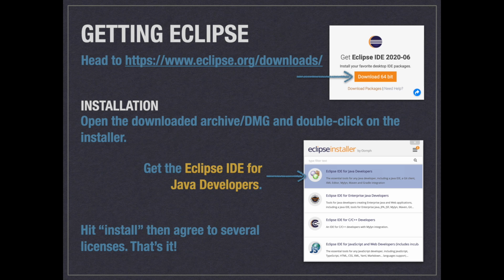It does not download the entirety of Eclipse when you say download 64-bit like that. It just downloads essentially an installer, which when you run it, will download and install all the Eclipse components. So it is not as fast as you might hope or wish for. After you open the installer, you get a screen kind of like the one in the screenshot, and then you have to pick which Eclipse you want.